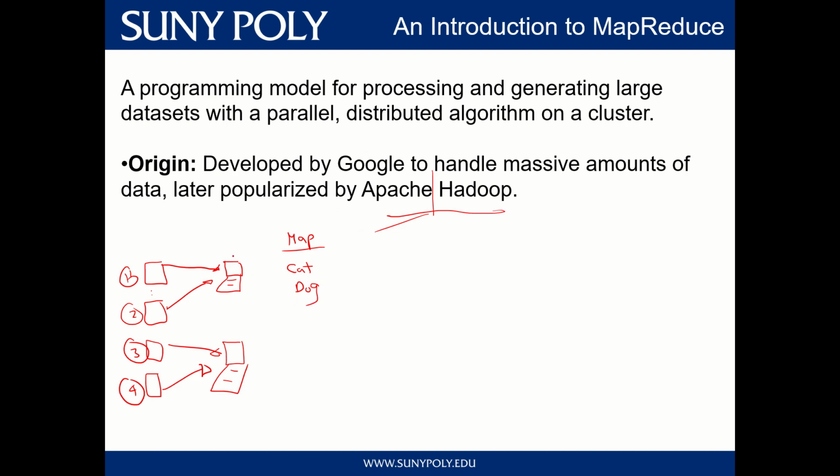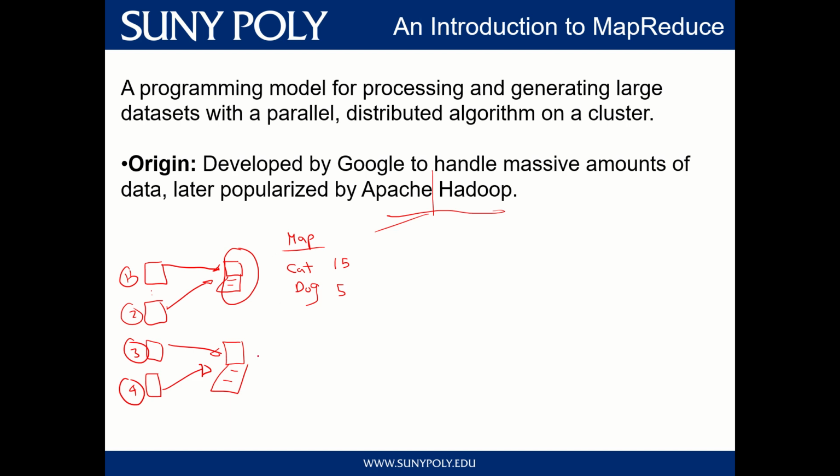In this machine, when these two files were analyzed, the word cat occurred, let's say, 15 times. And the word dog only 5 times.